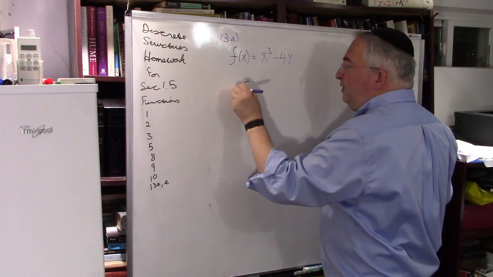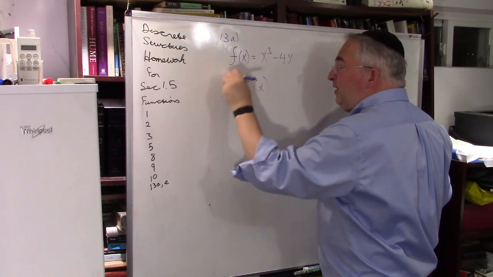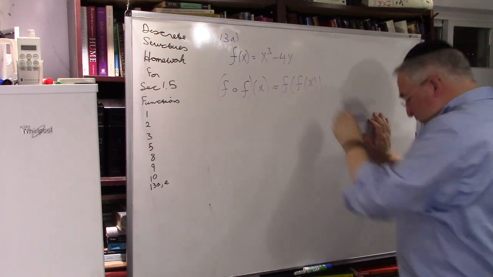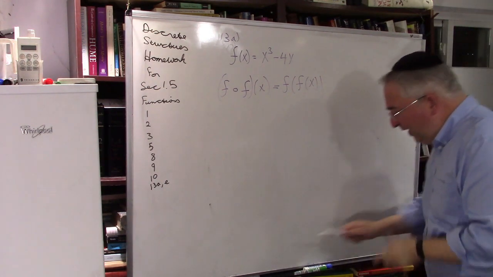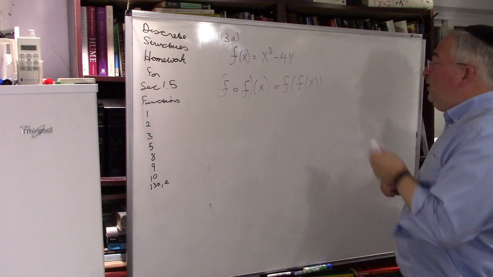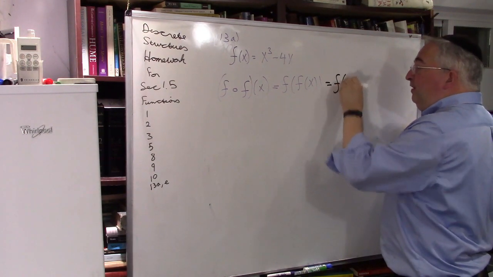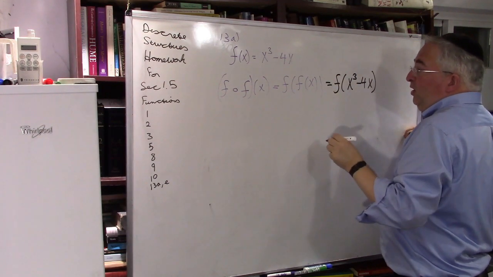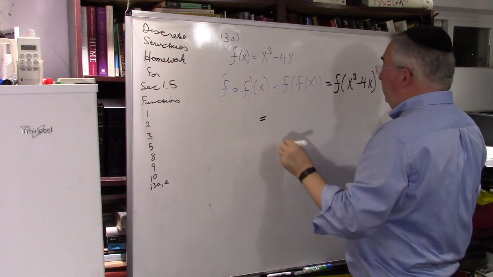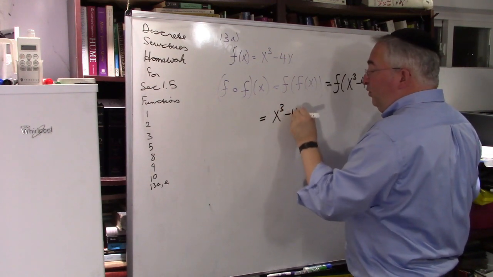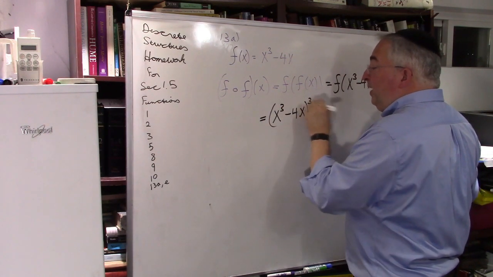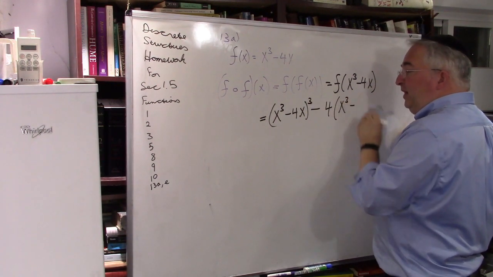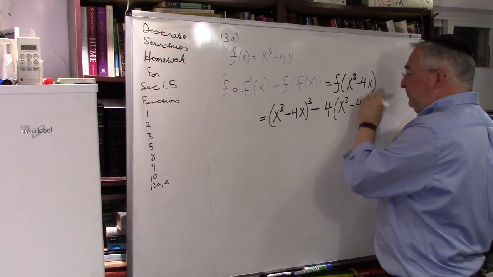So f compose f of x is equal to f of f of x, which is equal to f of x to the third minus 4x, which is equal to x to the third minus 4x, to the third power, minus 4 times x to the third minus 4x.